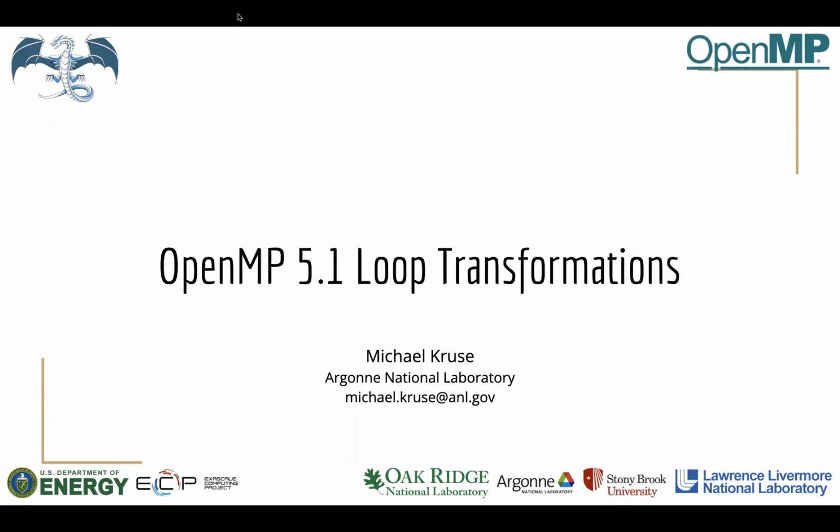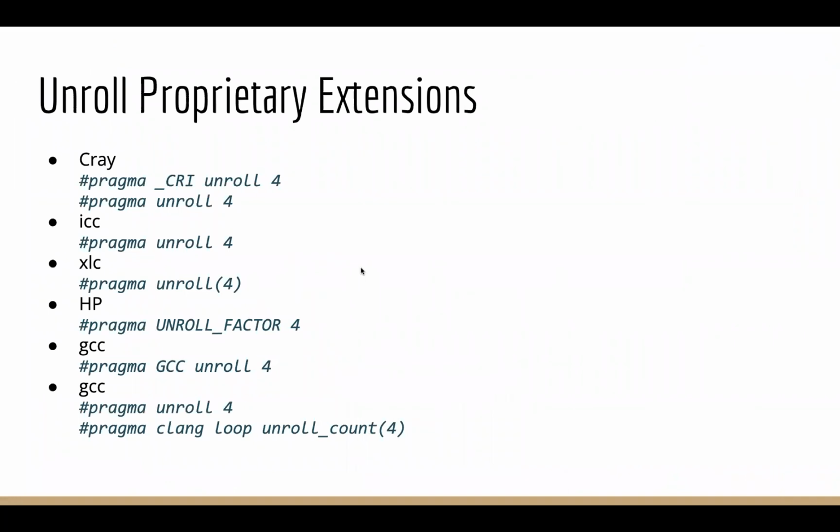Thank you, Shilei. I'm talking about the OpenMP 5.1 additions of loop transformations, specifically about its implementation and claim. One of the motivations you may have seen is vendor extensions to add unrolling. Most compilers support these, but they all use different syntaxes.